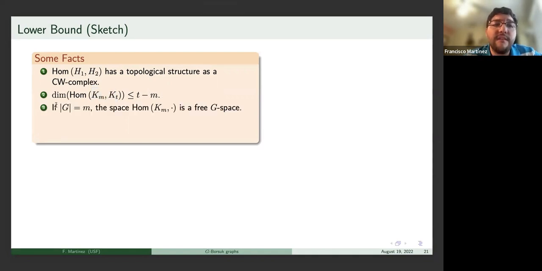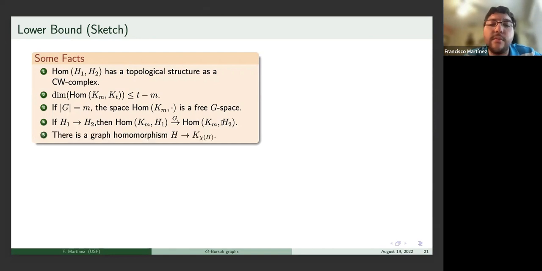And if we have G, a finite group of size m, then the space Hom(Km, any other graph) is actually a free G-space. And this free G action actually is functorial, because if we have a graph homomorphism between H1 and H2, then we get a G-map between Hom(Km, H1) and Hom(Km, H2).